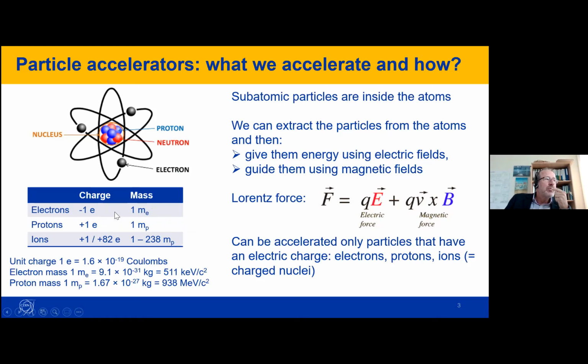Electrons and protons have the same charge, identical, unit charge, but ions can be much more charged, because it's a nucleus with many protons. In terms of mass, electrons are very light, protons are heavier, and ions can be much heavier. The difference in mass between electron and proton is about a factor 2000. So it's really a huge difference working with electrons and working with protons.